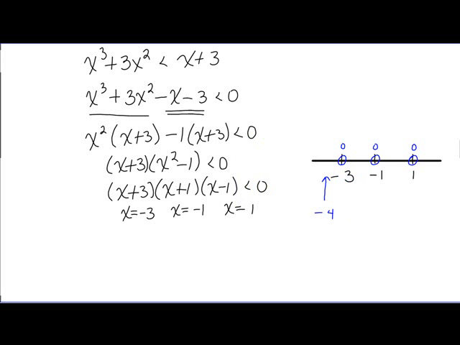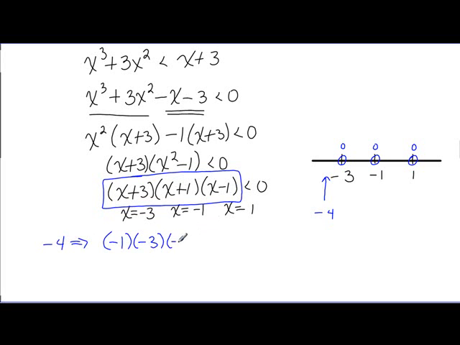And here's what I would recommend that you do. I would look at the factored form of this inequality. I'm going to look at the factors x plus 3, x plus 1, x minus 1. And if I think about substituting in a negative 4 in there, negative 4 plus 3 is negative 1, negative 4 plus 1 is negative 3, negative 4 minus 1 is negative 5.